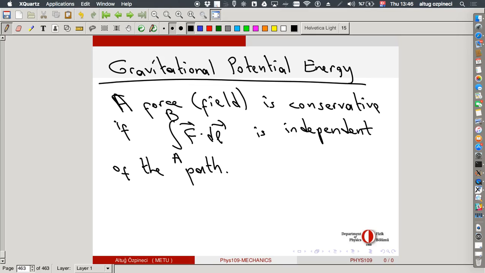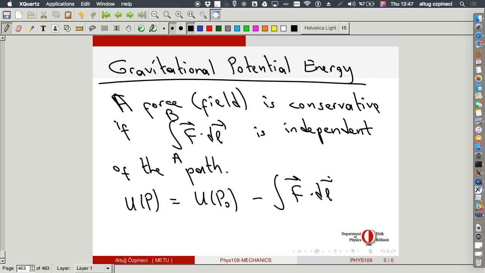And if you remember, we had defined the potential energy at the point, let's say P, in terms of the potential energy at a reference point P0. We had to choose a reference point P0, and we have to also choose what the potential energy should be at the point P0, minus the integral of F dot dl from the point P0 up to the point P. Well, this was basically our definition of the potential energy.